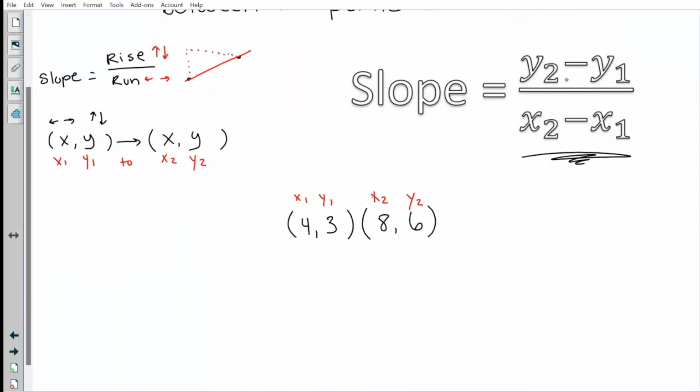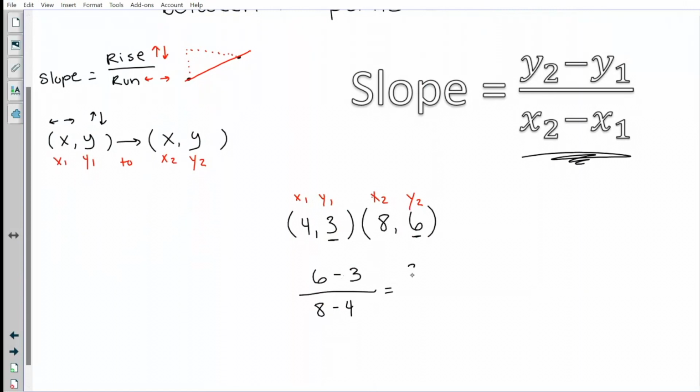I'm going to start with my change in y. So I want to know how much am I going up or down. So I'm going to do y2 minus y1. So I'm going to grab my 6 minus my 3. Now the minus is part of the formula, so that never changes. Over, now I'm going from my x2, 8 minus 4, my x1.